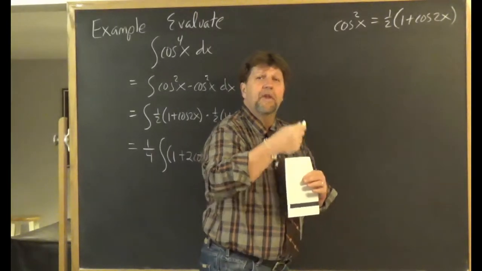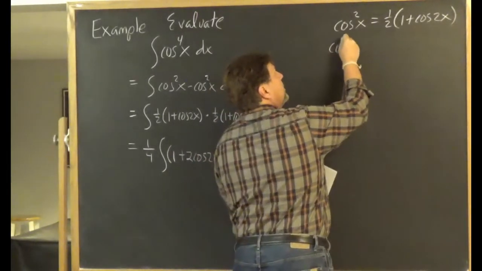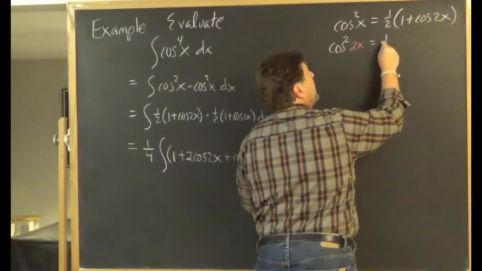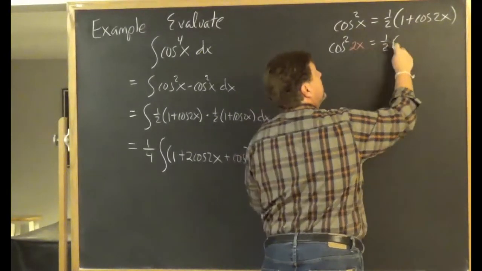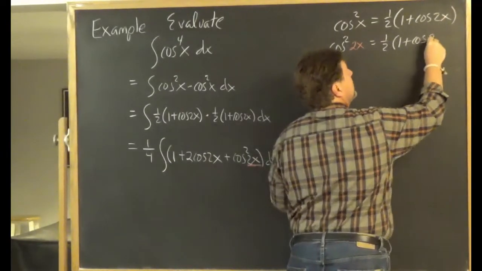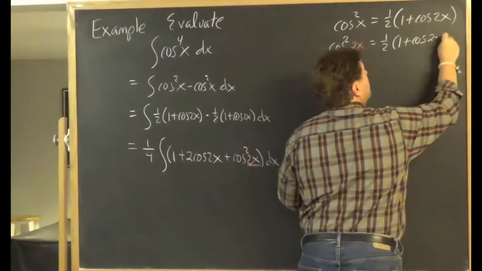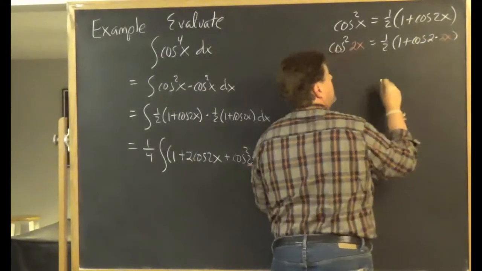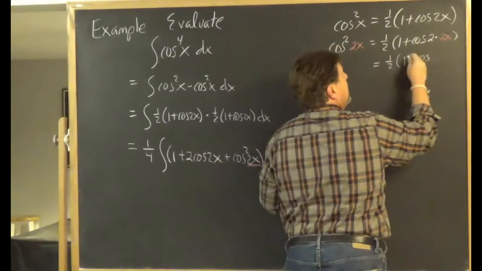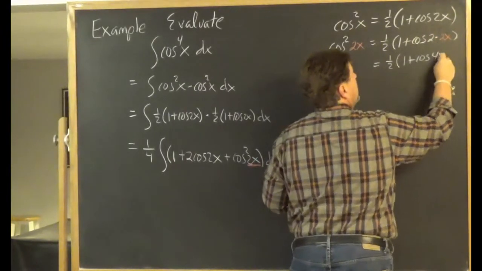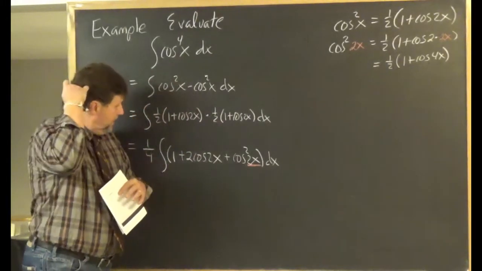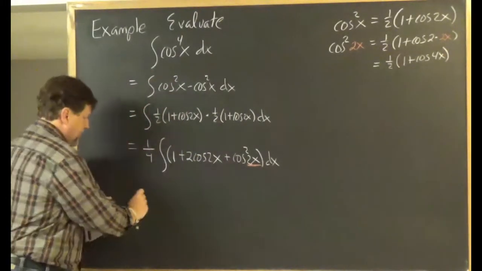If you replace this x with 2x, you have to replace that x with 2x as well. So cosine squared 2x is 1/2 quantity 1 plus cosine of 2 times 2x, which is 4x. You just have to take a little bit of care there. So let me do that substitution.